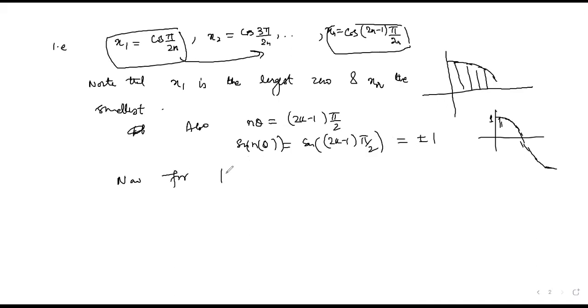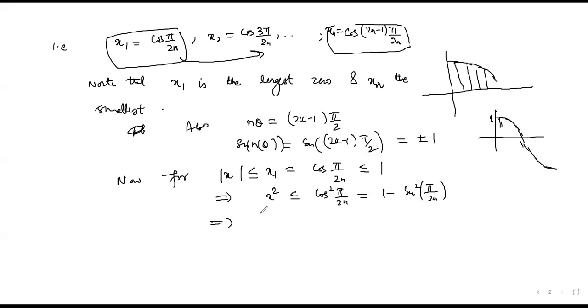for all x's such that mod x is less than equal to x1, suppose mod x is smaller than x1, which is equal to cos of pi by 2n, my largest zero, which is of course less than equal to 1, it implies that x square is also less than equal to cos square pi by 2n, which of course would be equal to 1 minus sine square pi by 2n.